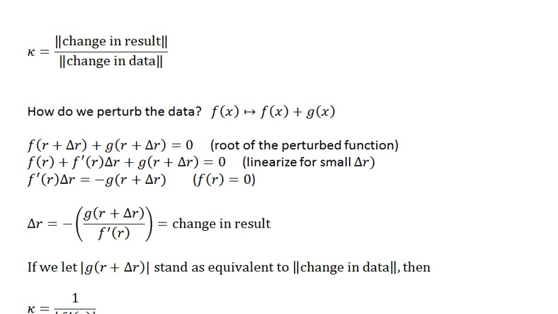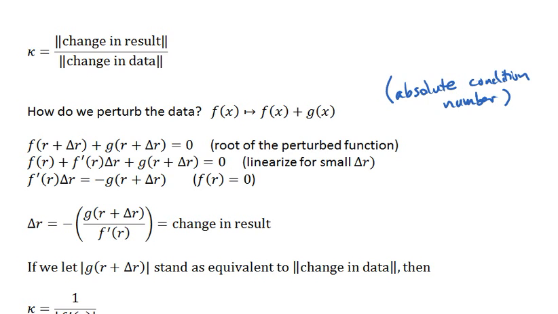Well, the data is a function, so we could think of perturbing it as adding another function g of x. This is all now being thought of in terms of absolute condition number. We might well want to consider relative condition numbers when we do floating point arithmetic. It's just that the math is a little easier in the absolute case.